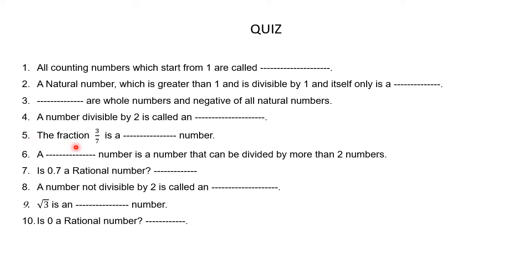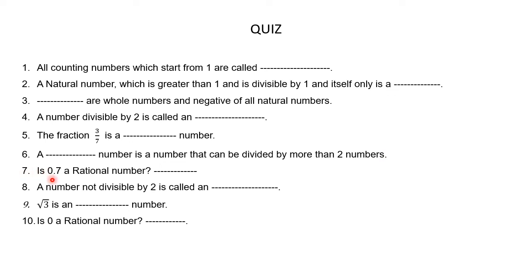Fifth question. The fraction 3 upon 7 is a dash number. Did you get the answer for this? The fraction 3 upon 7 is a rational number. Sixth question. A dash number is a number that can be divided by more than two numbers. The answer to this is composite number. A composite number is a number that can be divided by more than two numbers.